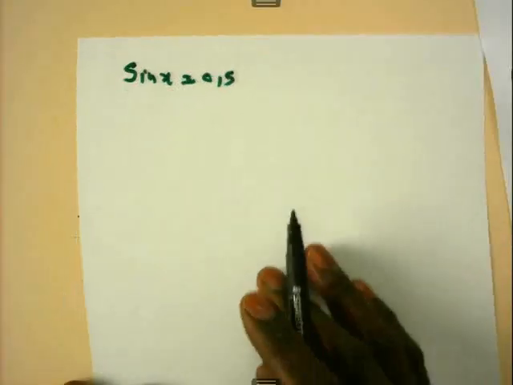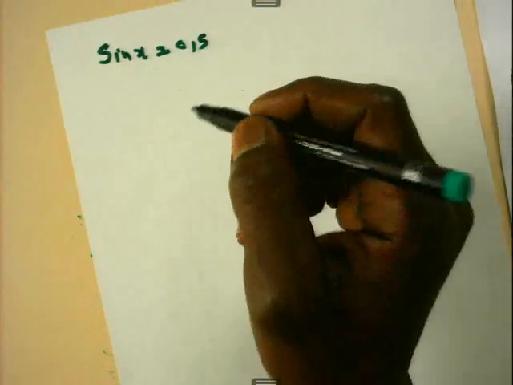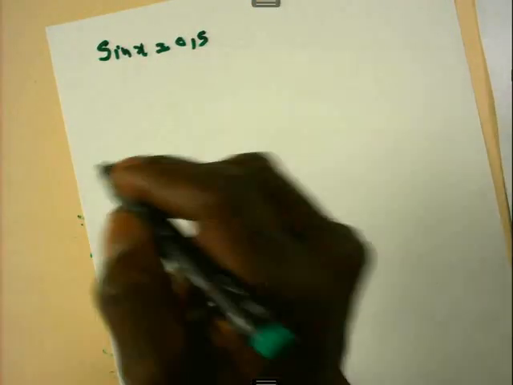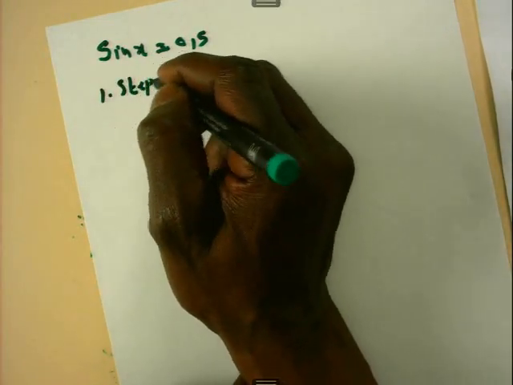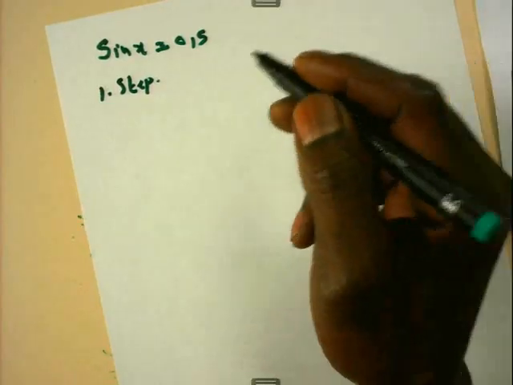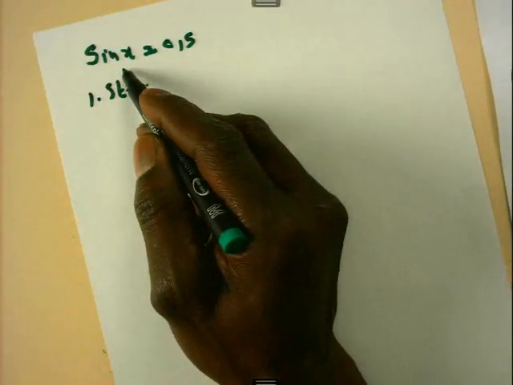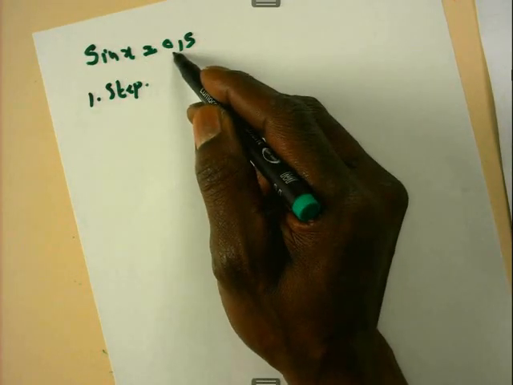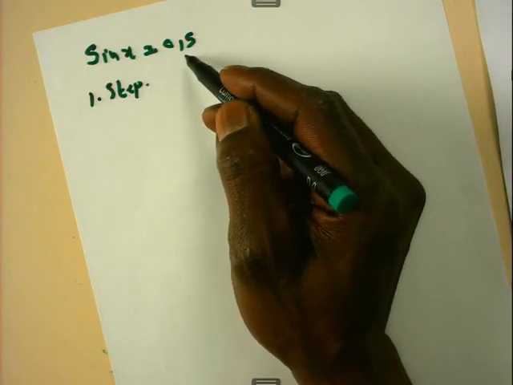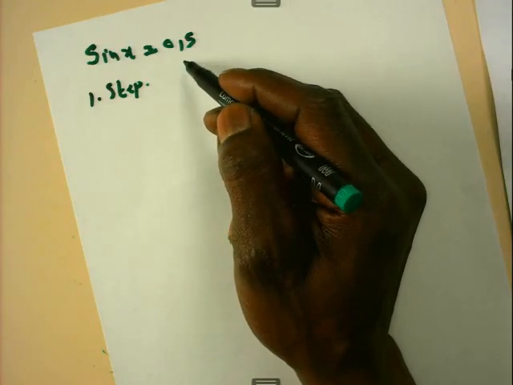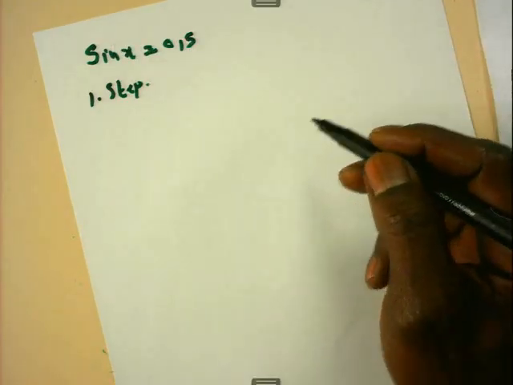Now, we are having sine x is equal to 0,5. The first step that we must do is to identify the quadrant where sine is positive, because the 0,5 is the ratio of the opposite side over hypotenuse side, which is positive.